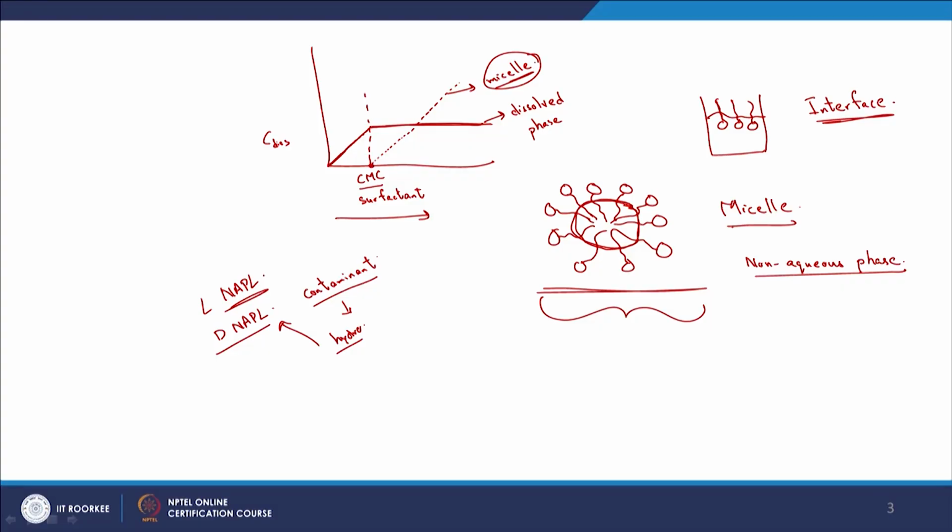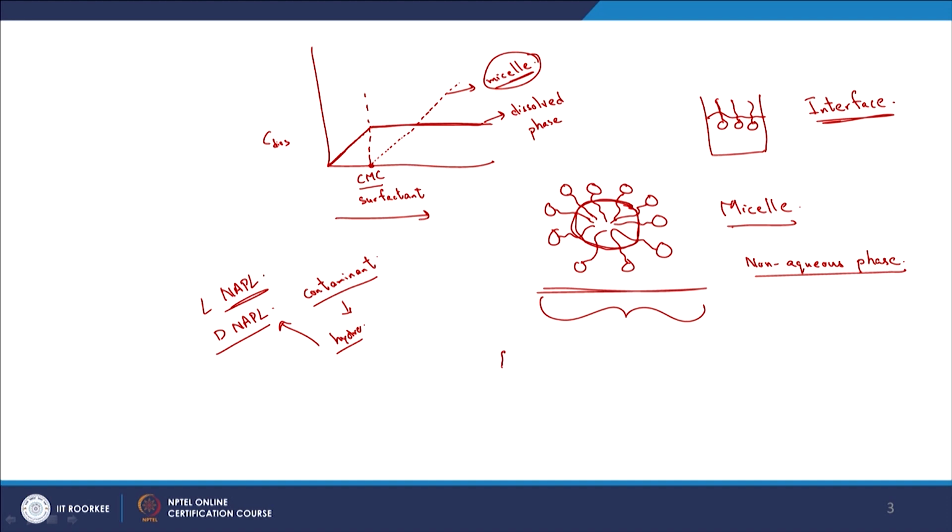Similarly, here you have a non-aqueous phase, so this can now act as a reservoir for the hydrophobic contaminants. So, now you can have desorption of the relevant contaminant from the soil or dissolution of the NAPL into this particular micelle. Let us just try to visualize that. Let us say earlier you had the soil and the compound adsorbed onto that, and also a NAPL blob, right.